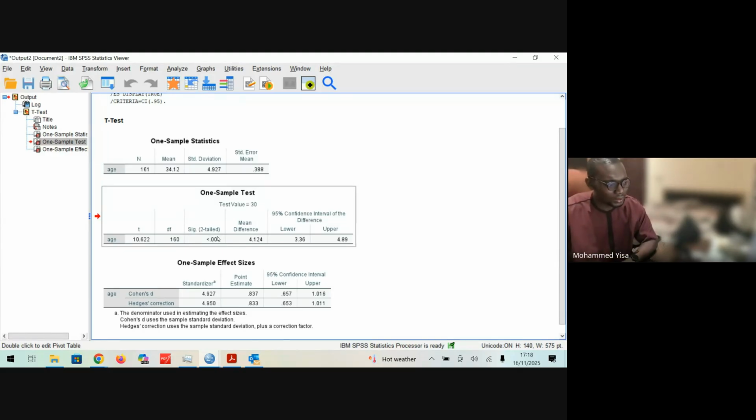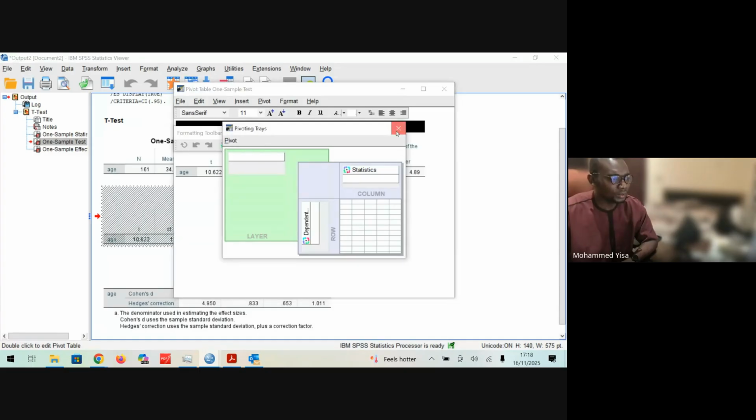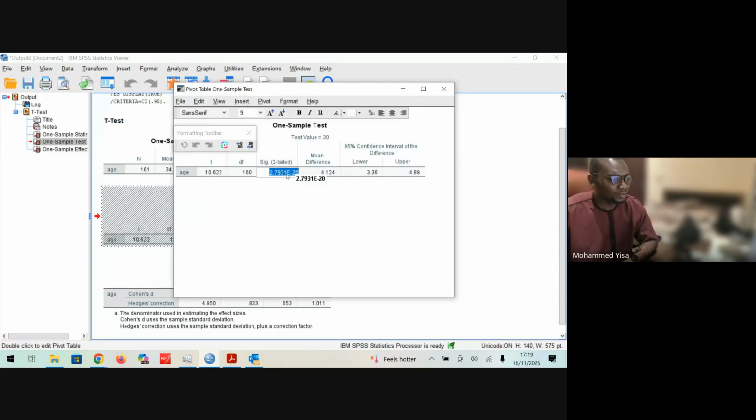So with this p-value of less than 0.001, if you double click, you can see the actual value of the p-value. So this is 2.7931 times 10 to the minus 20.